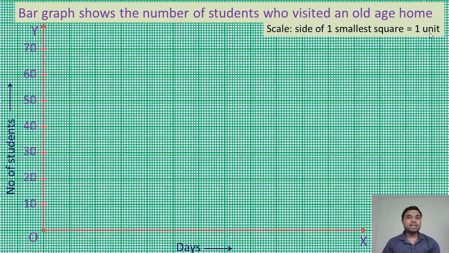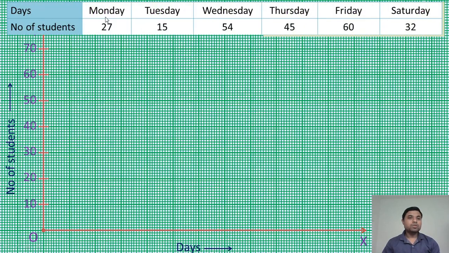Now we'll draw the bar graph. Bar means a rectangle. We'll draw the rectangles. First, on Monday, how many? 27. From here count where is 27. Here it is 10, up to this 10, then 20. Now count and draw a line from here to here.